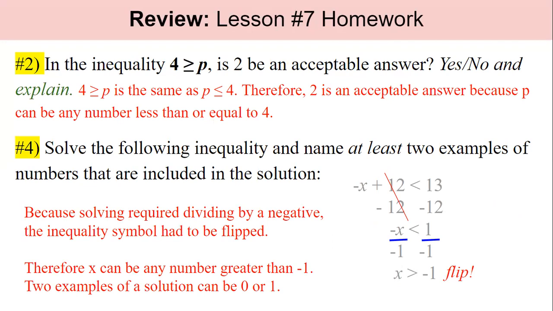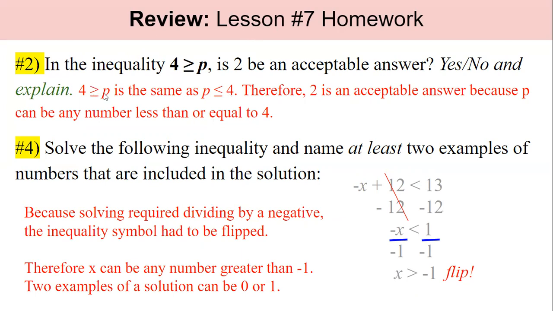Now, there were 3 homework problems that we wanted to revisit the most: number 2, number 4, and number 5. Number 5 you'll find in the next slide. Okay, so number 2 read: the inequality 4 greater than or equal to p, is 2 an acceptable answer? Yes, no, and explain. Just as I explained in the previous slide, you have to flip it so that the variable is on the left side, okay? So 4 greater than or equal to p is the same as p is less than or equal to 4.